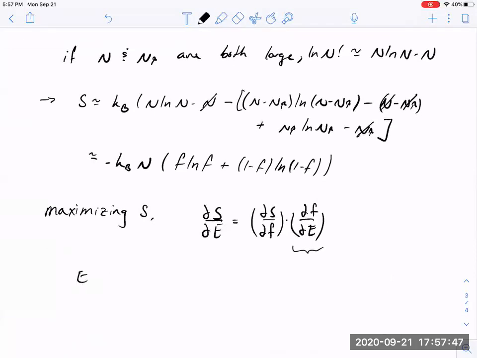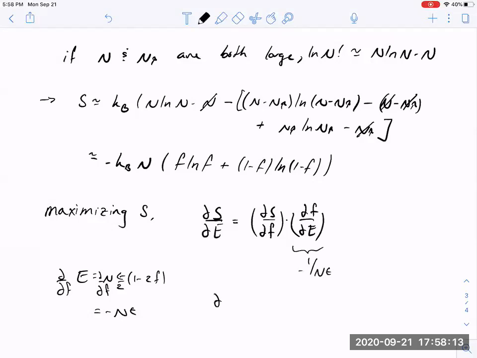so E equals epsilon by 2 N times 1 minus 2f. Taking the derivative with respect to f, we get a 2 and an epsilon. The 2's cancel. We need an N and an epsilon and a minus, and f goes away, leaving us with minus N epsilon.